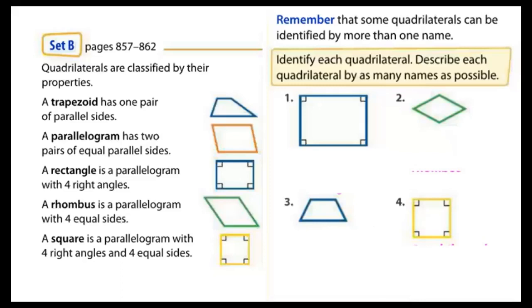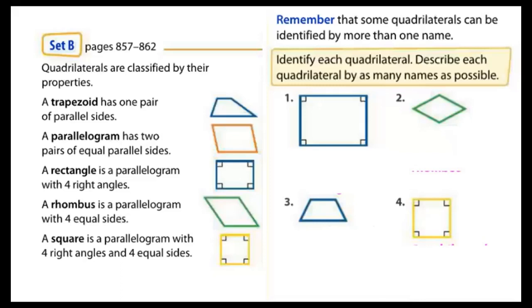For example, the blue shape in question number one, we have two pairs of parallel equal sides. It means each two opposite sides are equal in length and parallel. So directly from seeing, I can say it is a rectangle.